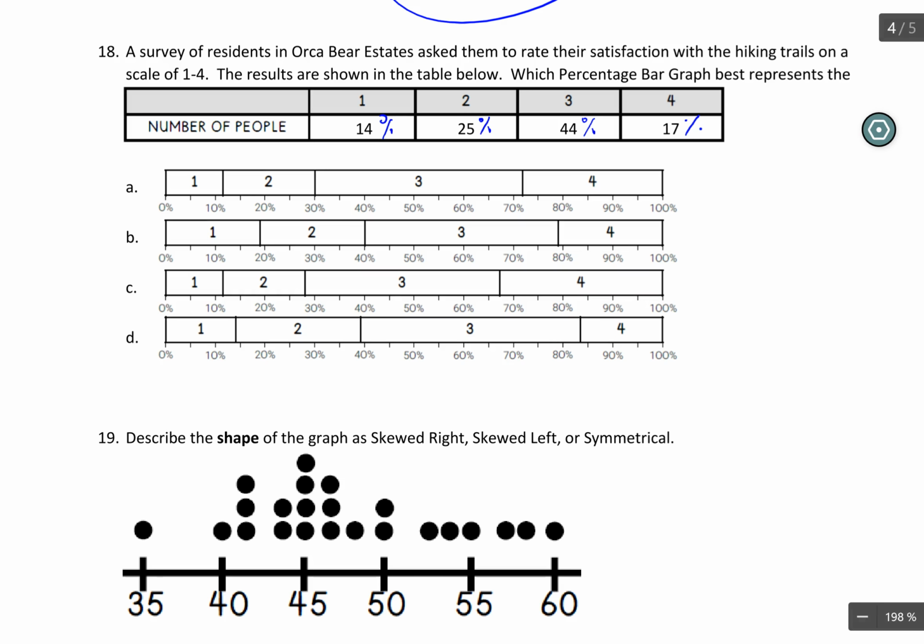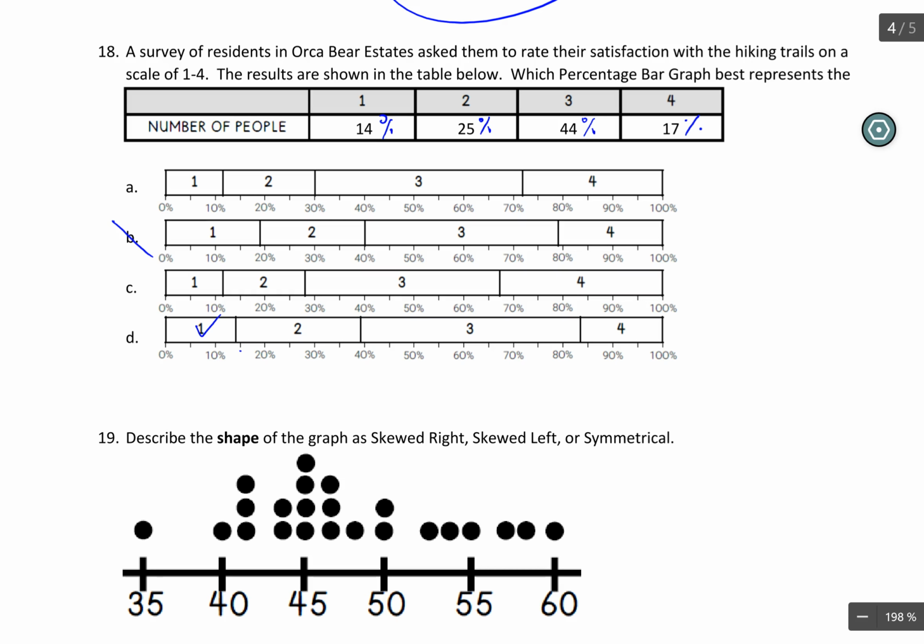So first one I need 14. It doesn't quite look like 14 in A, but I'm going to leave it just in case. B is definitely not 14. Maybe, but then when I look here, that's 10, there's 15. So it looks like D is probably the correct answer, but I want to check the rest of it. So that looks good. Then 25%.